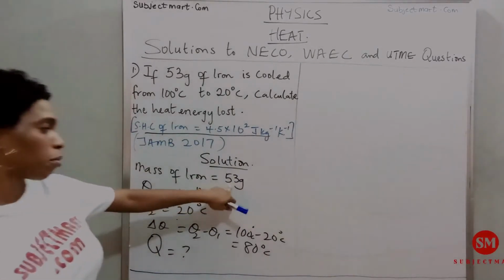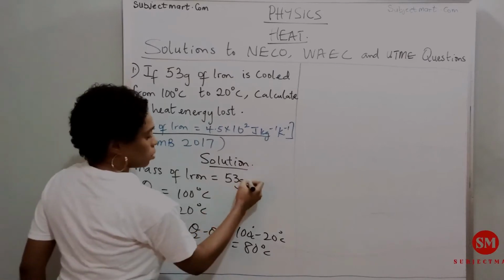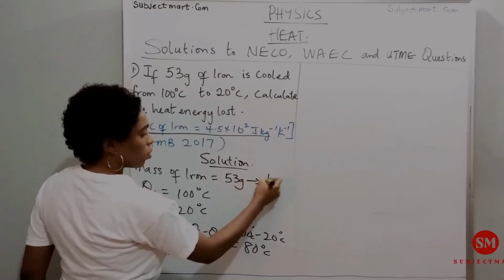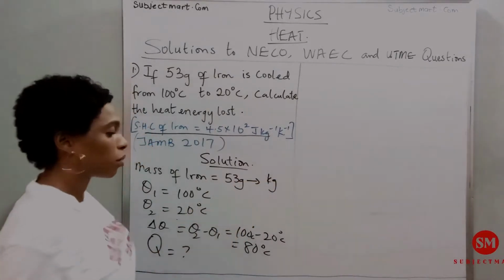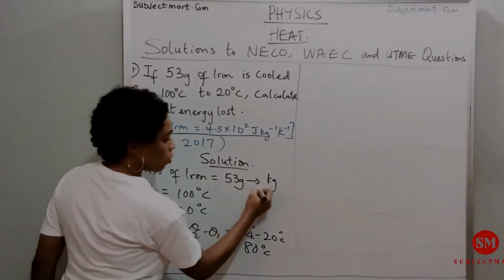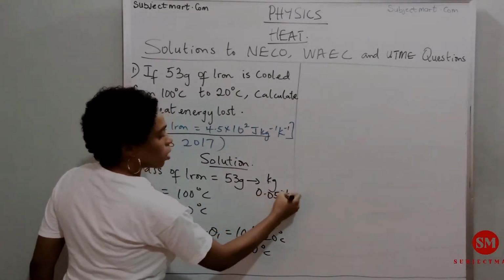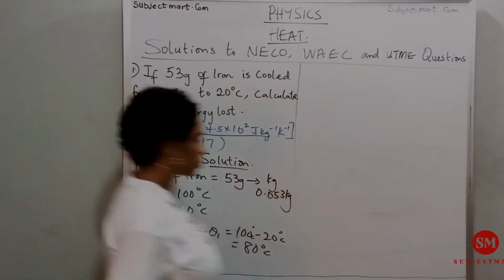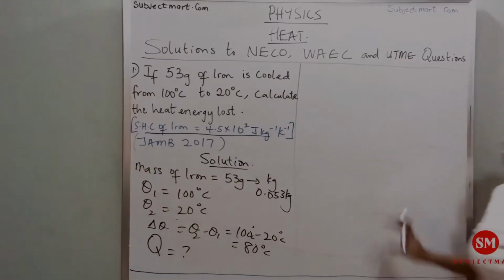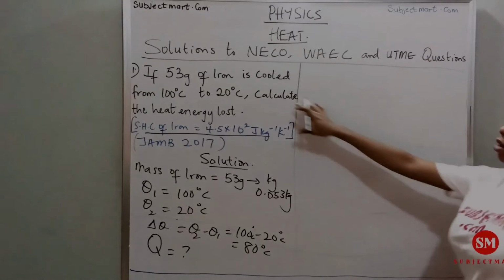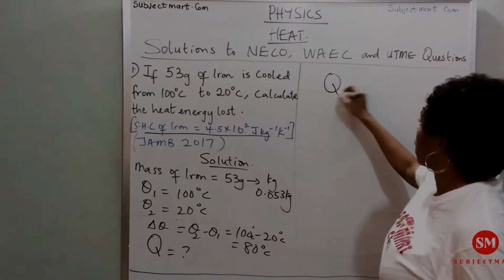So we need to convert from gram to kilogram. So to kilogram, we have 53 divided by 1000, and that will give me 0.053 kilogram.